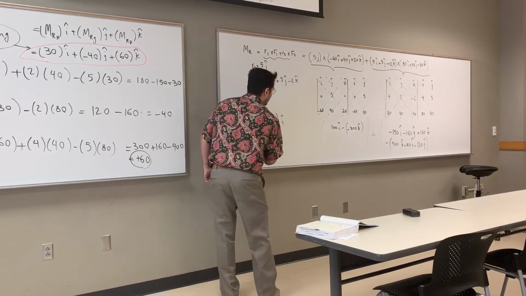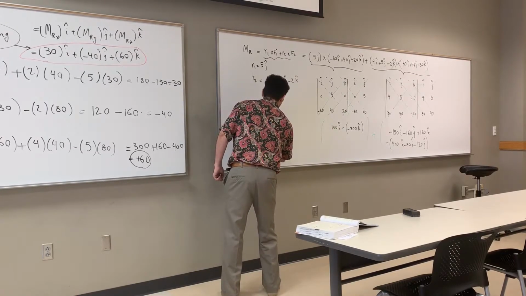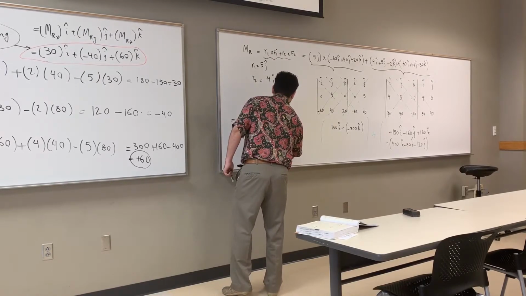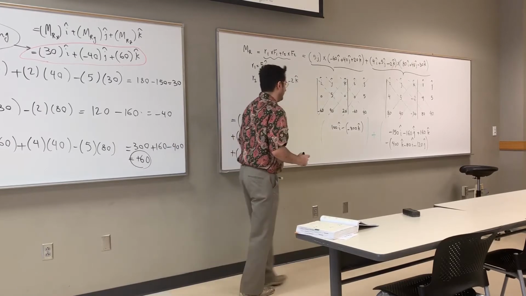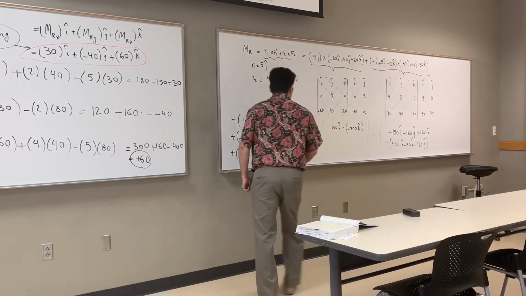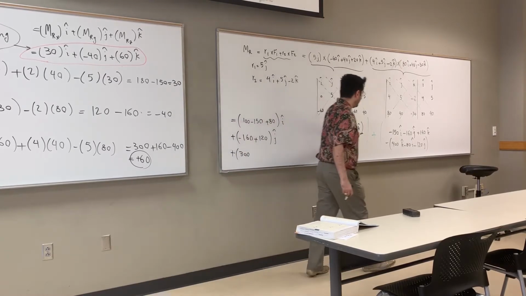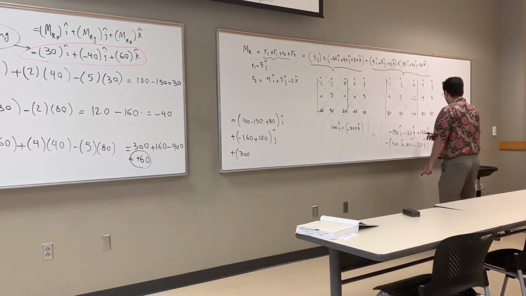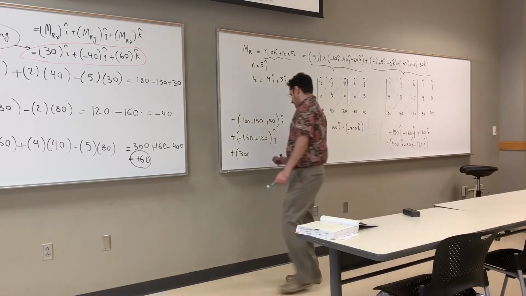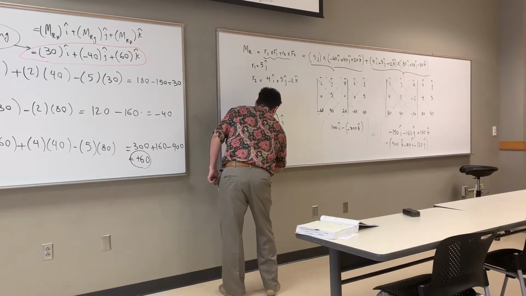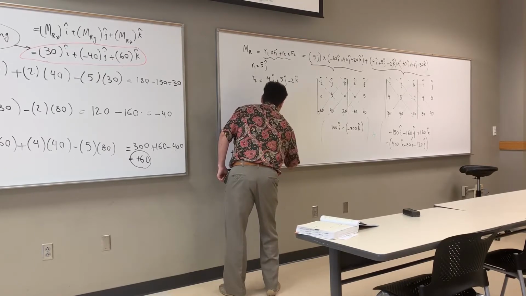So -160 plus 120, times j. And plus the coefficients of k: 300 coming from here, plus 160, -400, times k.